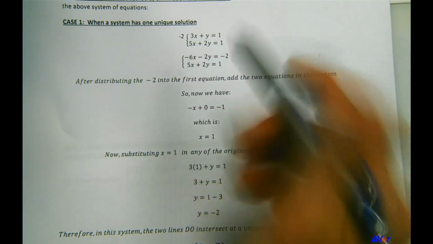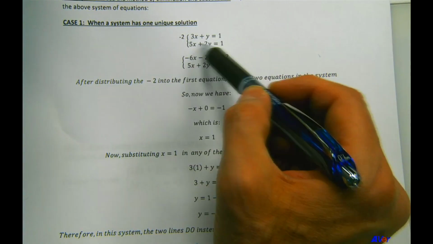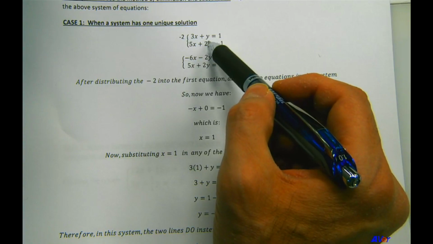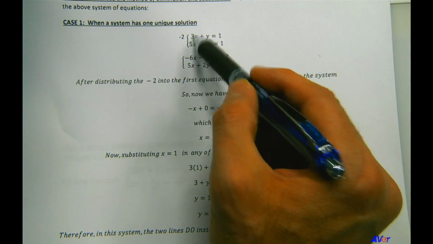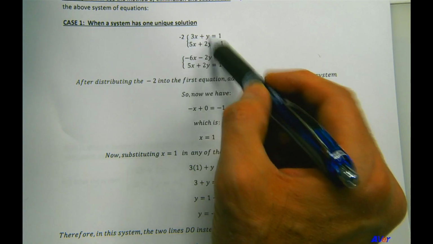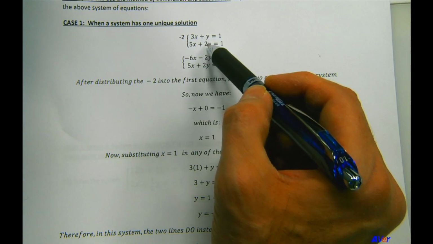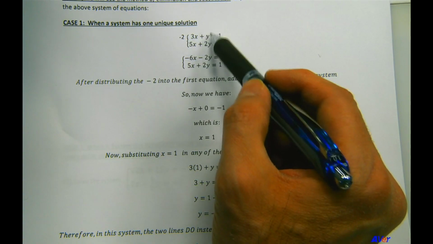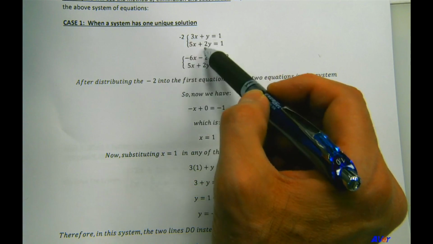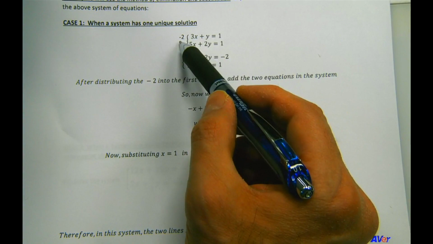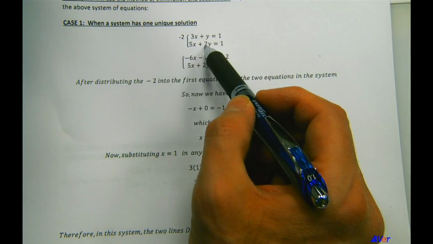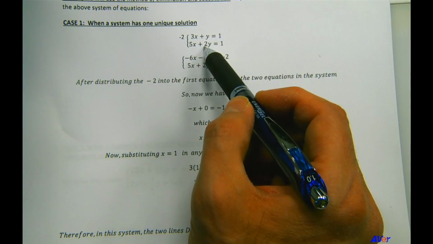So here I'm eliminating the y terms, and the reason I chose that is because I'm looking at the coefficients here, and the coefficients of variable y are easier to deal with. So that's the only reason. So I multiplied the top equation by a number that I knew would give me a coefficient equal and opposite to positive 2.